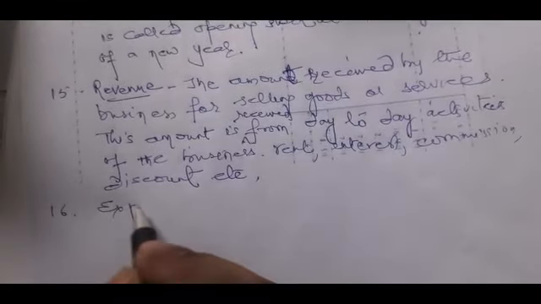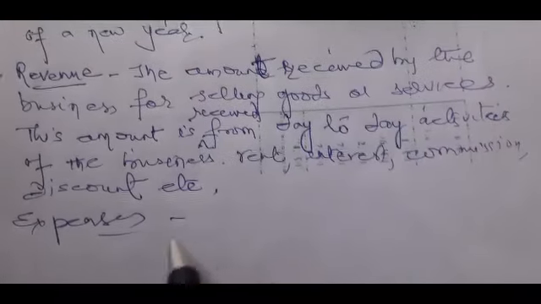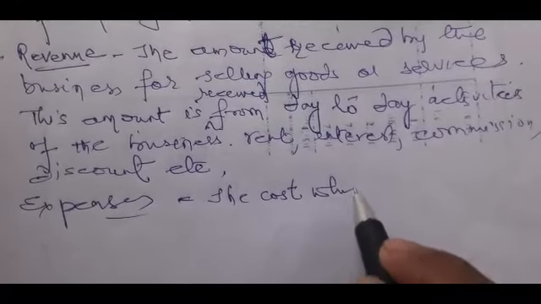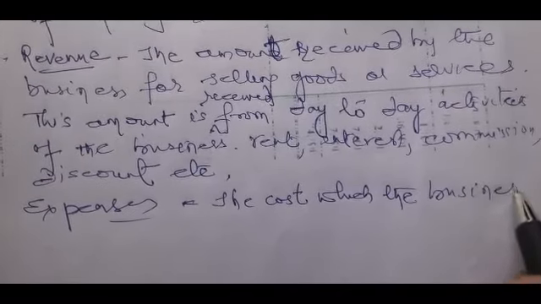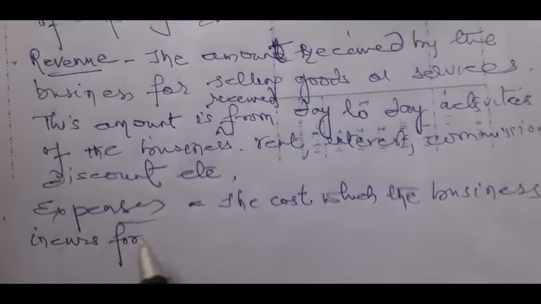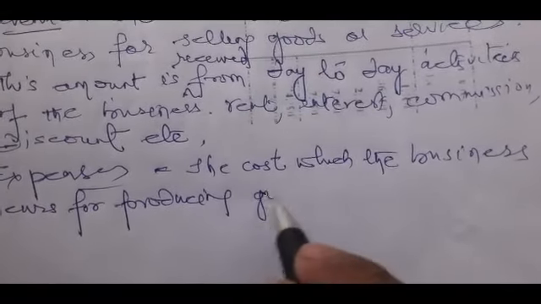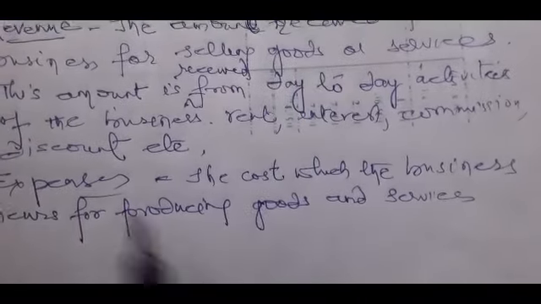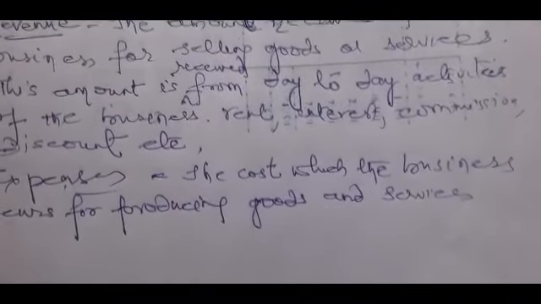Next is the expenses. Just opposite of revenue is expenses. Expenses is the cost which the business incurs for producing goods and services. While producing goods and services, the cost which a business incurs is known as expenses.